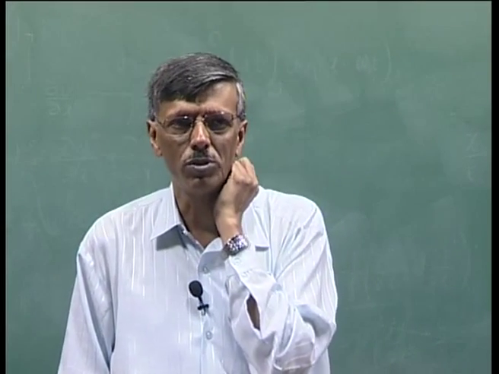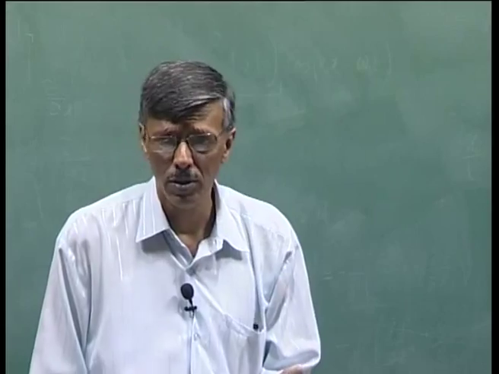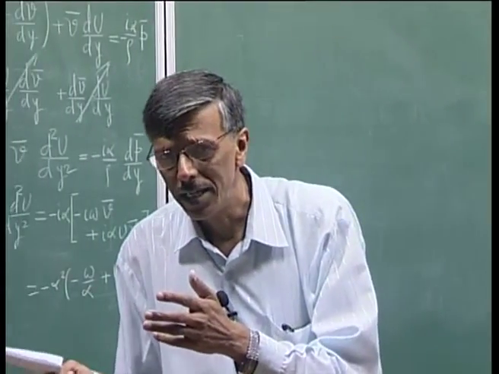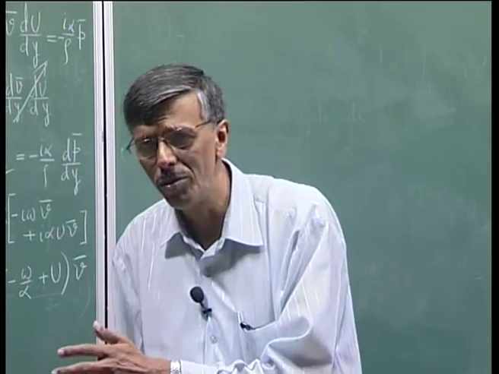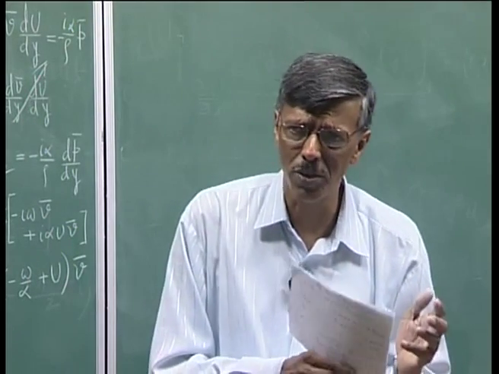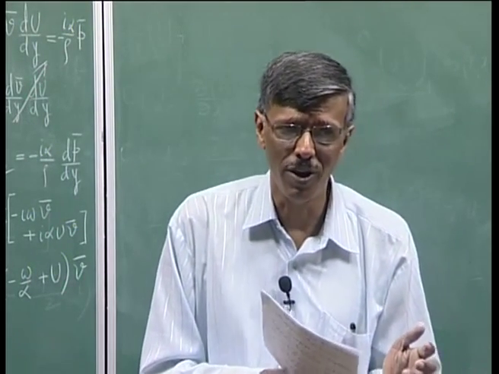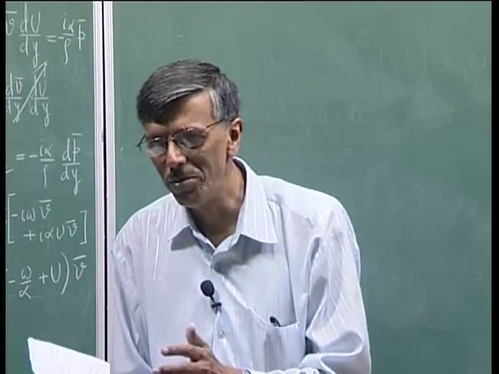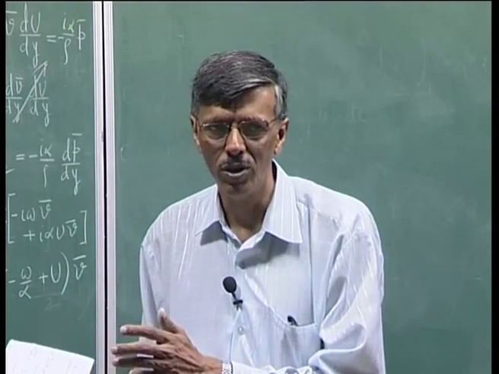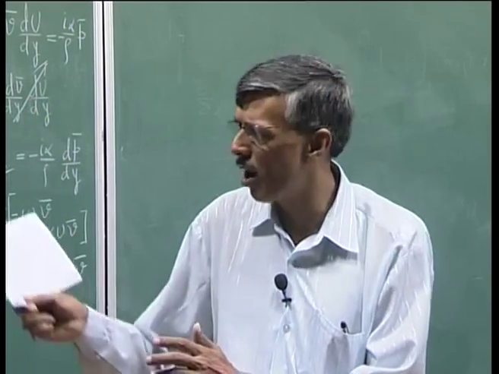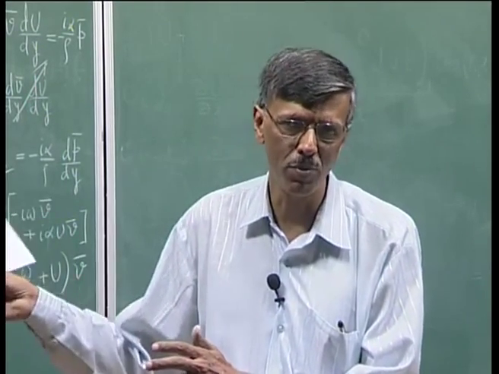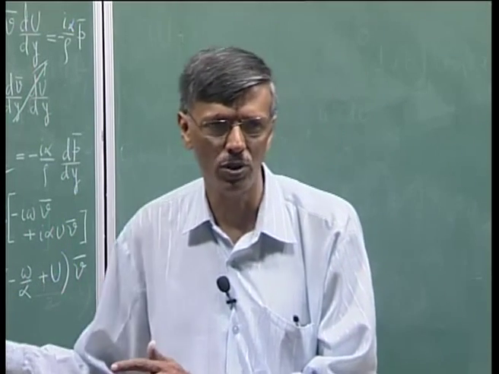What we could do is talk about a temporal instability where omega will be complex and alpha will be real, and a spatial instability where omega will be real and alpha will be complex. So we'll start off from this in the next class. Okay? So we'll adopt for this problem a temporal instability approach. Okay? I'll stop.